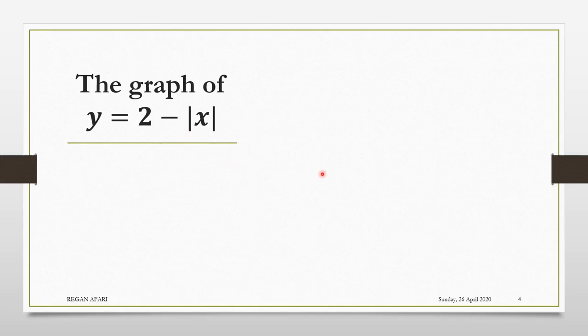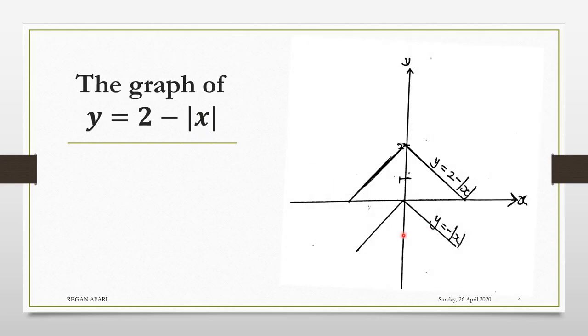Let's see how this curve is drawn. Like I said, you start from what you know. You know how to sketch the curve of absolute x. That is what you sketch, but because of the negative you flip it, so it becomes like an N. That is how to go about it.